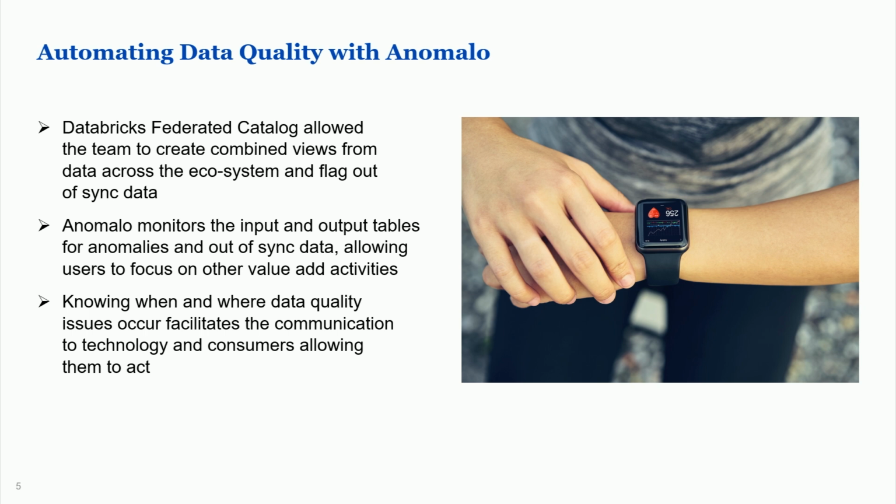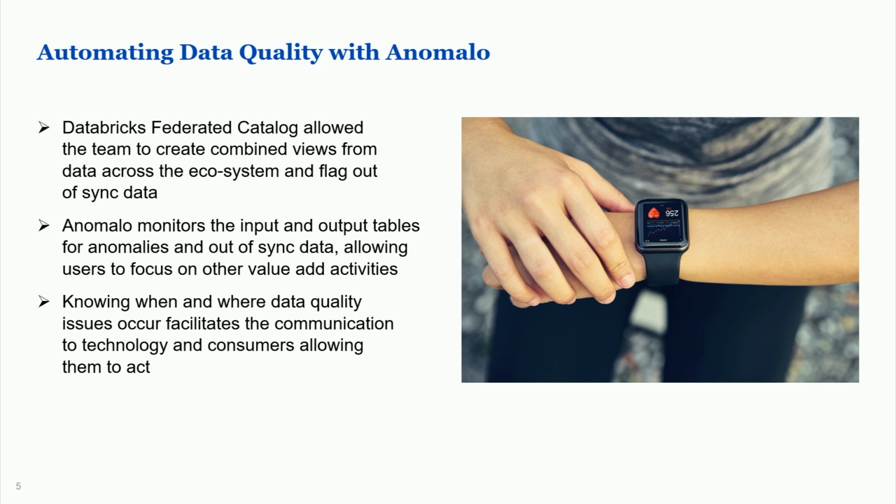So they used the Federated Catalog in Databricks to bring those 3 data sets together. Then we did a calculation and said, tell us when these things are not in sync. And that's great. Now we can tell when the data is out of sync, good win.